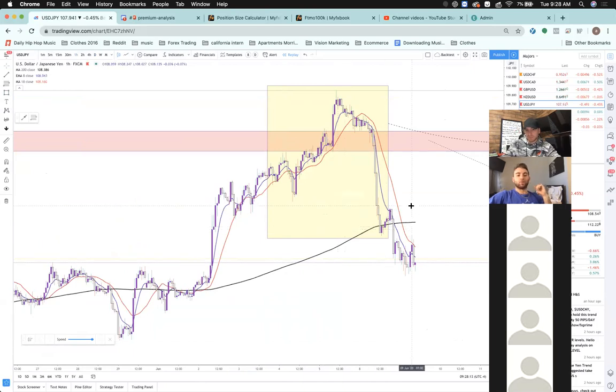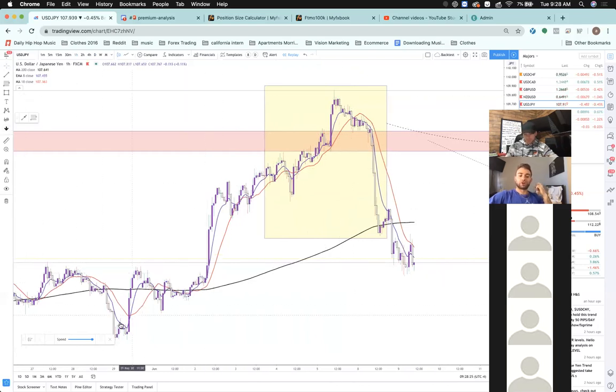What you should be thinking is, where can I see a break of structure? Because that bearish engulfing on the daily is most likely some sort of shift of structure on the lower time frame. In this case, let's just start left and look at 1 hour structure.